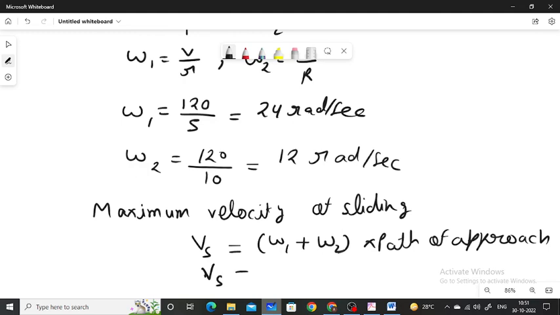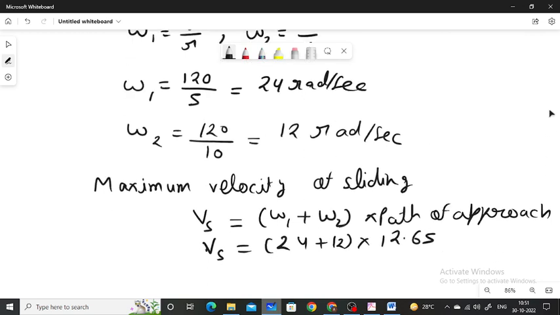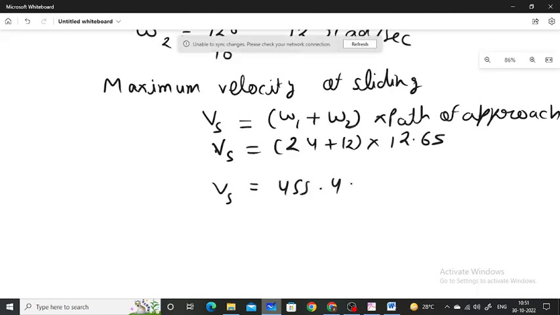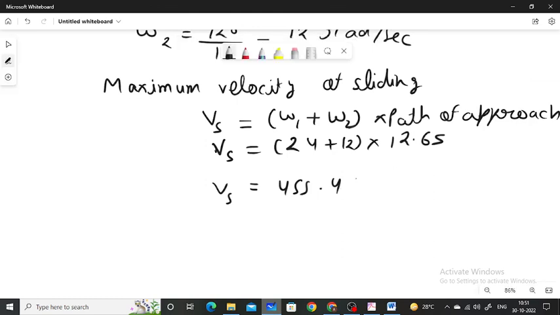So Vs will be equal to the 24 plus 12 into 12.65. So maximum velocity of sliding will be 455.4 mm per second.